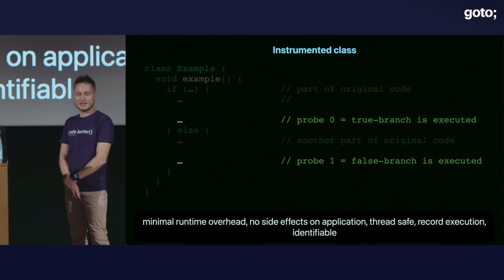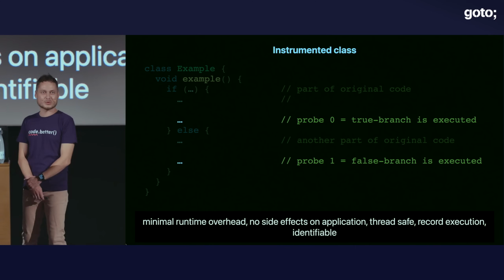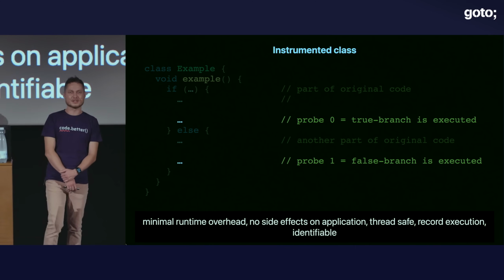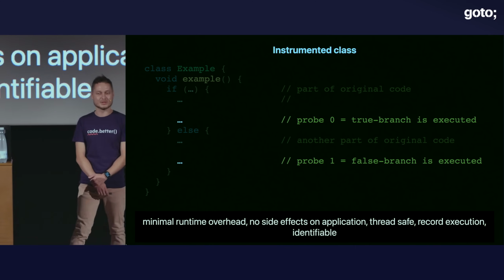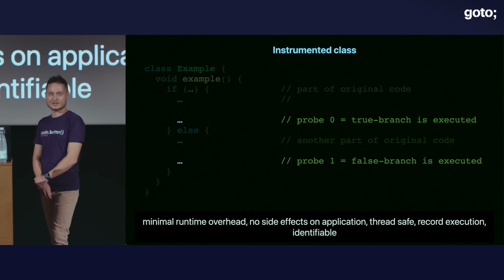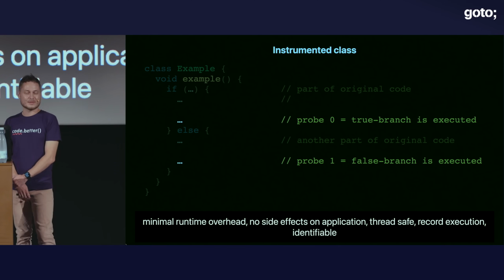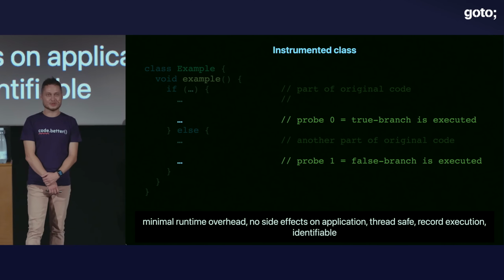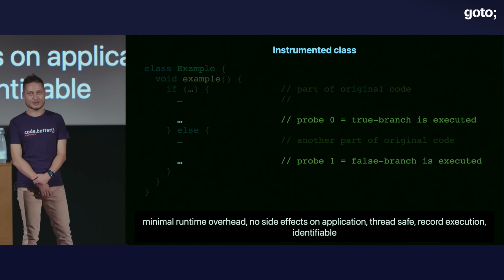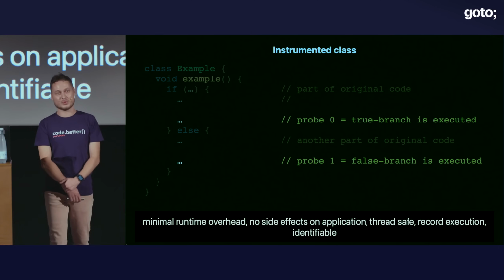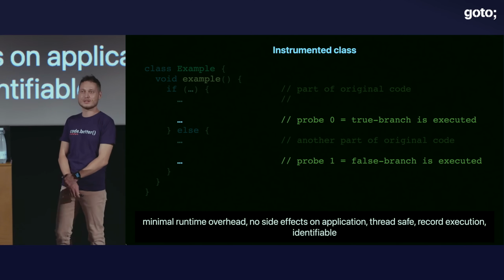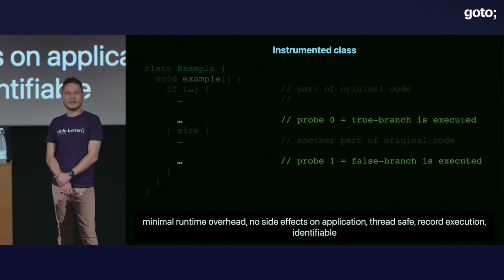And it should have no side effects on the application. So we don't want to turn your multi-threaded application into a single-threaded one. That would be awful. We don't want to change values in your code. And it should record the fact of execution. And it should be identifiable. We should be able to say, okay, exactly this point was executed. Do you have any ideas what could be placed there?